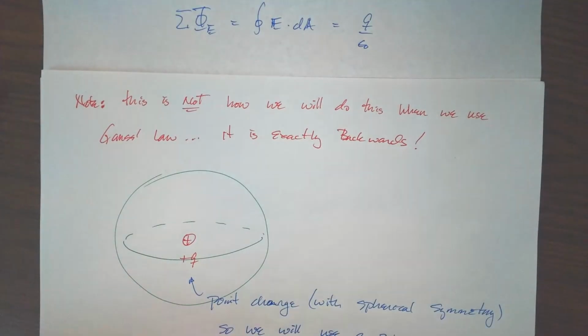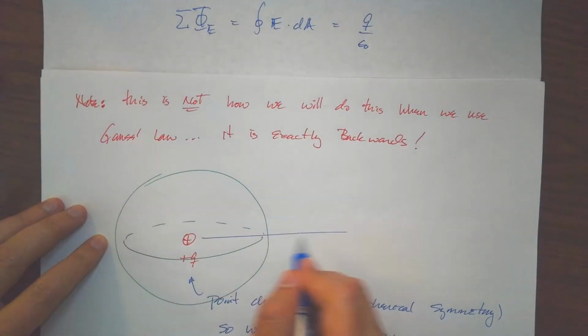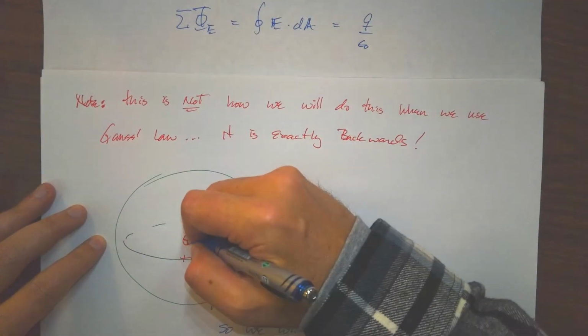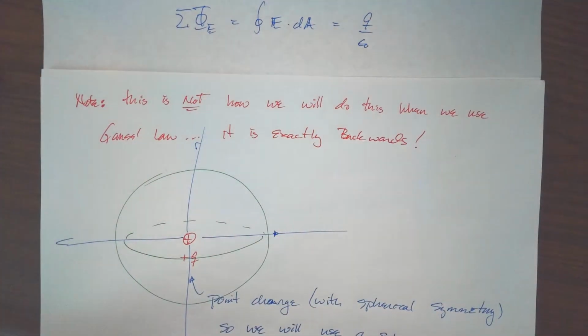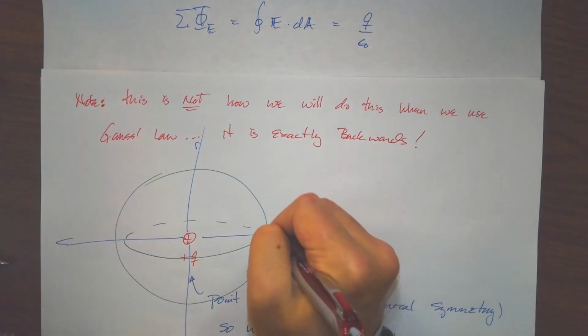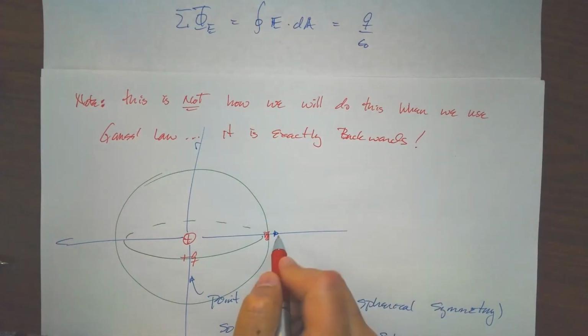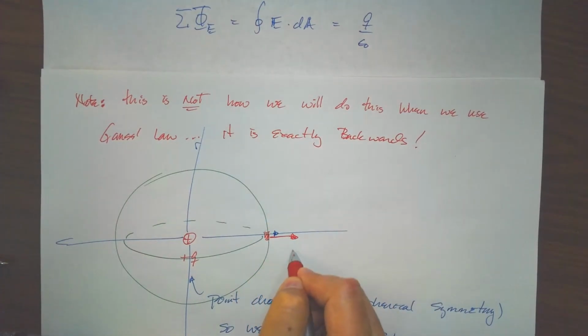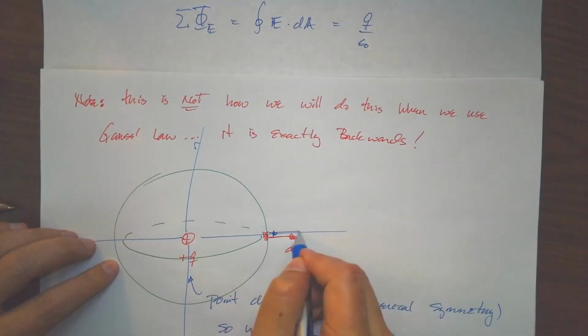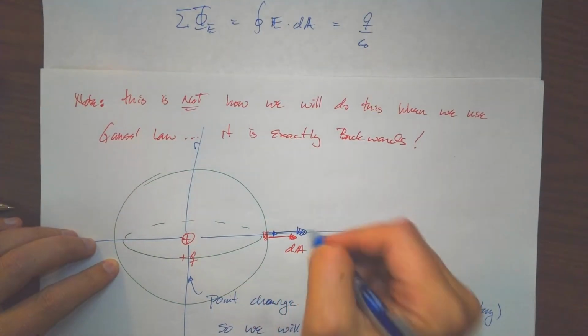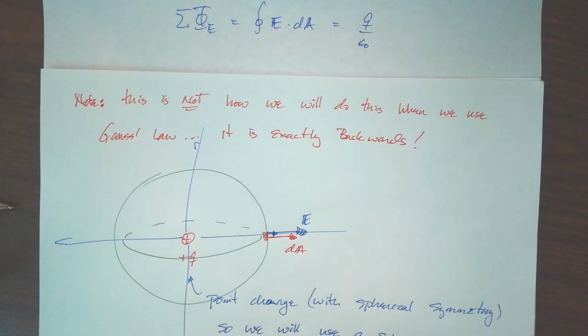And then we know that our electric field vectors are going to point outward, like so. And then when we come in and look at some little dA patch, my electric field vector at that point and the area vector at that point are going to point in the same direction.